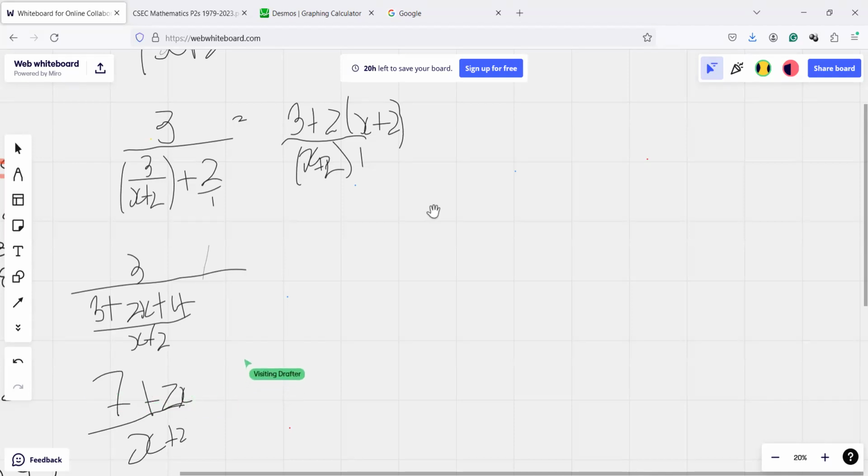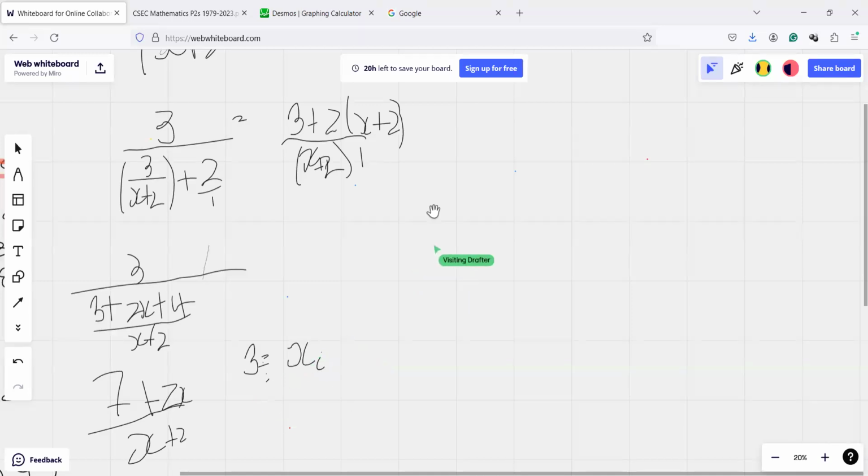So our 3 divided by this new function that we found, I'm going to refer to it as x just for writing purposes. So you know when you're dividing, you basically keep the first number, change the sign, and flip the second fraction.